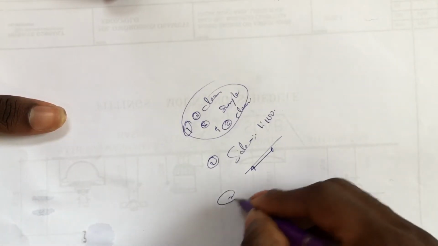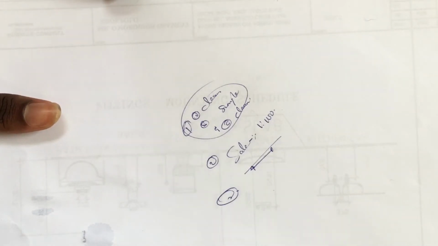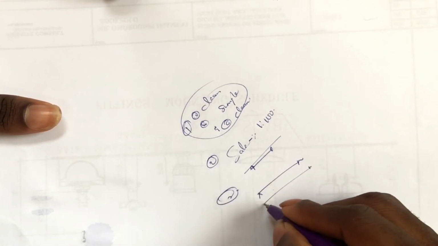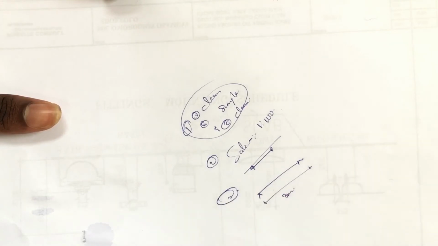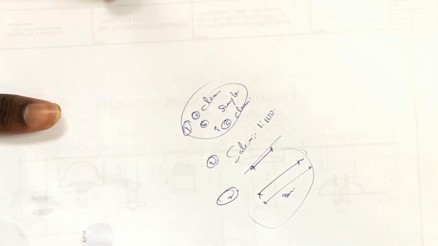The third one I'm going to be discussing is that extra information should be provided in order to carry out the work at site without scaling. The drawing should be able to pass the right information without trying to scale it. So if you do something like this and write that this is 30 meters, I should be able to look at it and say, okay, it's 30 meters.